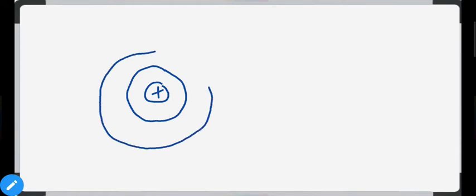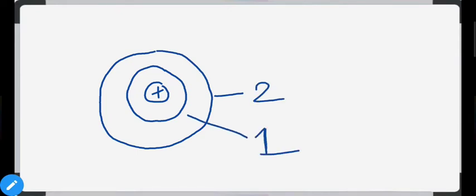If we want to visualize it, suppose this is our nucleus having positive charge, and this is the first orbit, that means the stationary state where electrons can exist, and this will be our second stationary state. The first stationary state or orbit is represented with principal quantum number 1, and the second with principal quantum number 2.